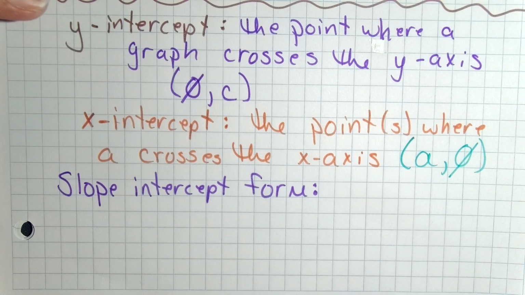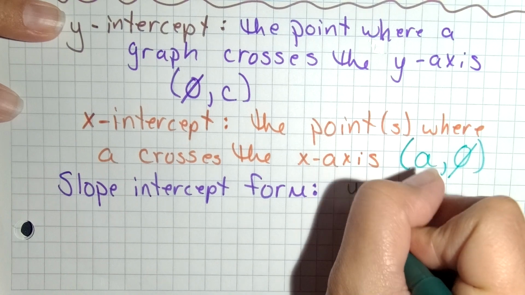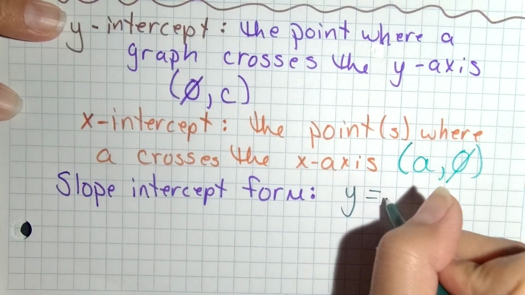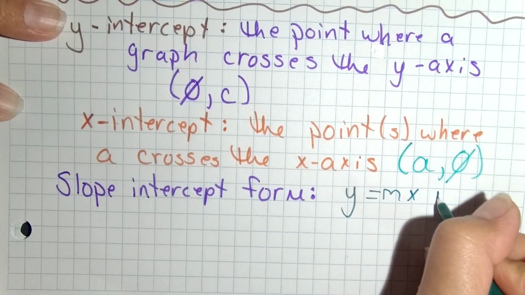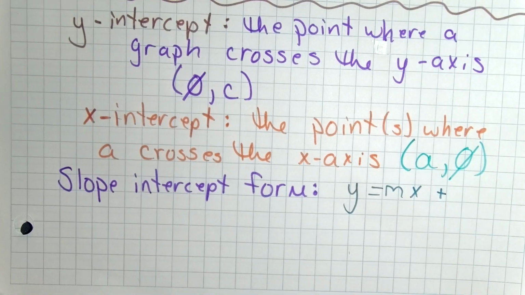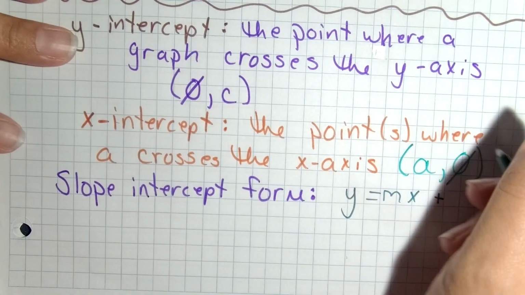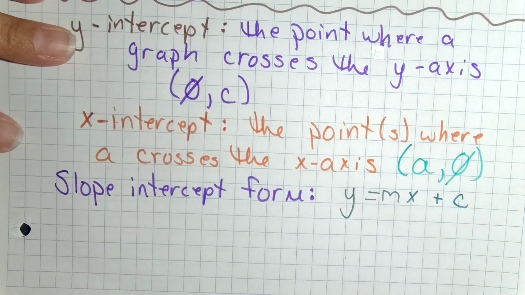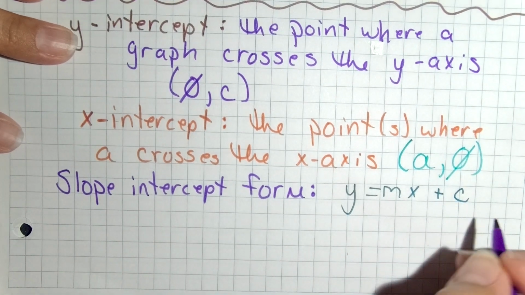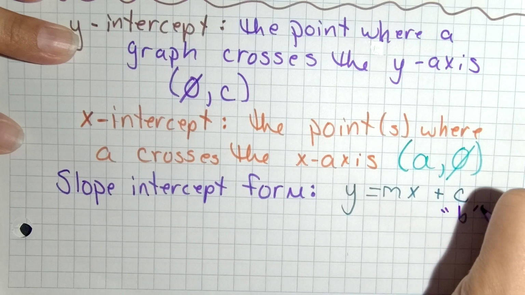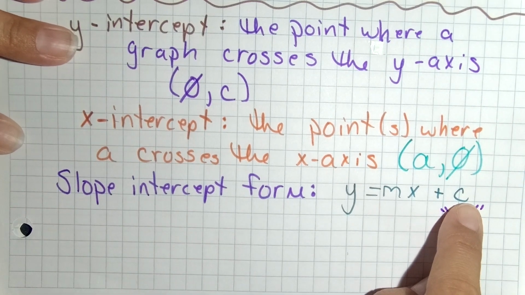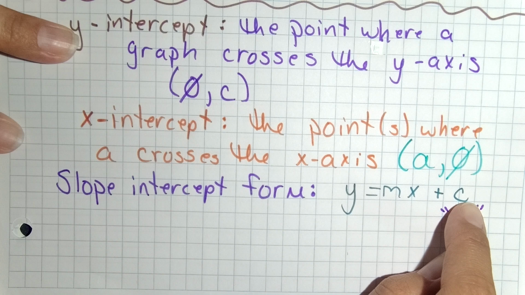Nobody? That's okay. That's why we're reviewing. Y equals mx plus b. But in calculus, we use c. And we'll figure out, or we'll learn why we use c later. Okay? So b is c. We're going to be using c in calculus.